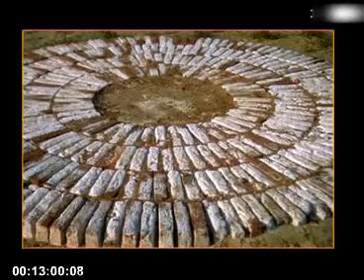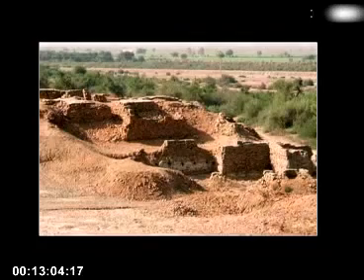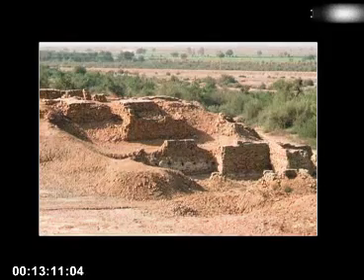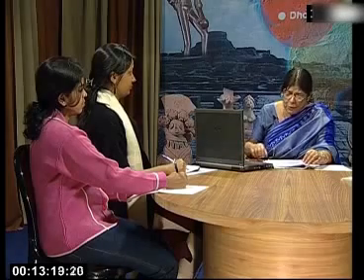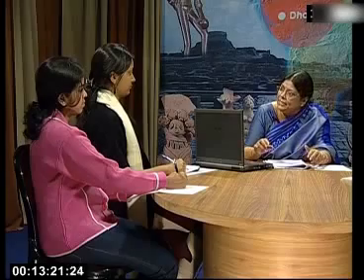Now unfortunately most of the citadel buildings of Harappa are now destroyed. In fact, Harappa is much more destroyed than Mohenjo-daro is. The lower town, however, offers some important sites. The lower town had a boundary wall of mud bricks.